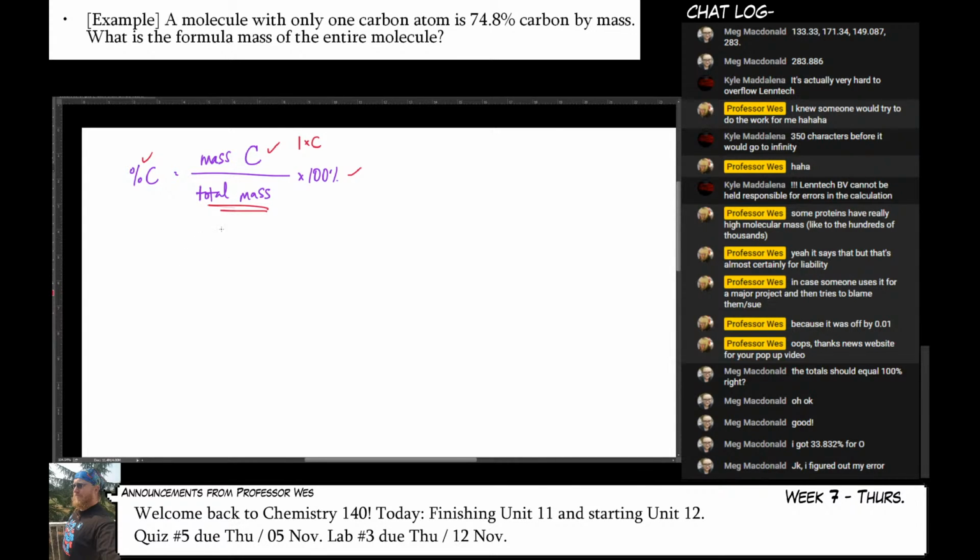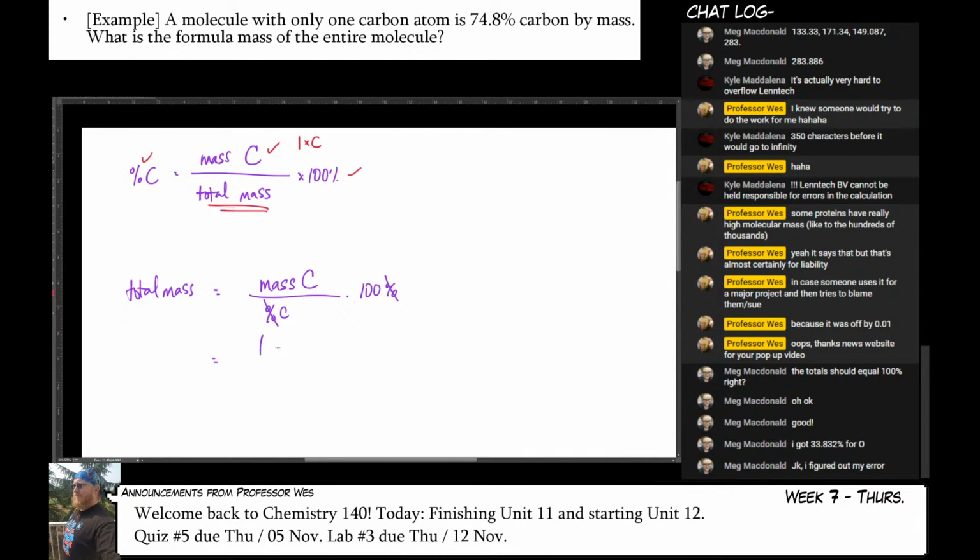So I'm going to rearrange my equation. So the total mass will equal the mass of carbon over the percent of carbon times 100%. And then the percentages will cancel out when I do that. So let's punch that all in.